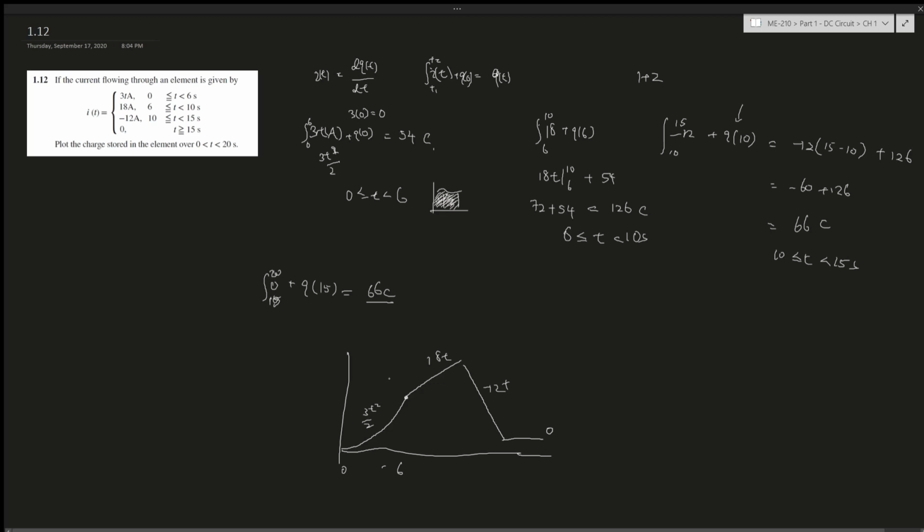At 6 the value is 54, the peak is 126, and over here is 66, and then over here would just be 66 as well.